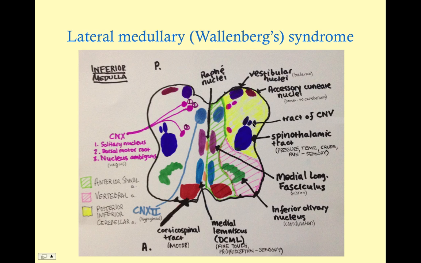sensory loss. Now here's your tract of CN5, and that's your trigeminal nerve. Now this is coming in ipsilaterally, this is coming in contralaterally as well. So now with this one, this is helping you move your jaw.